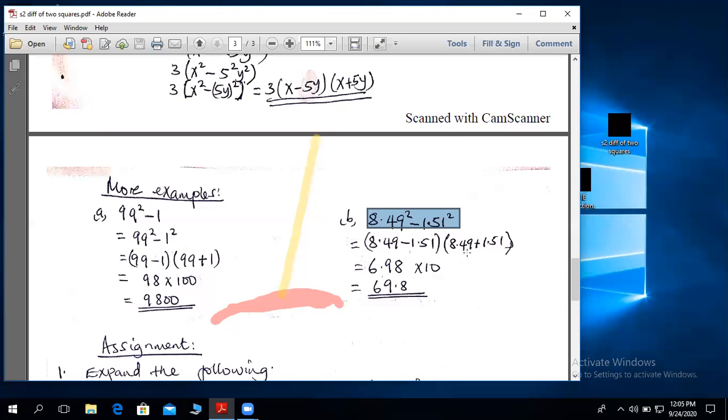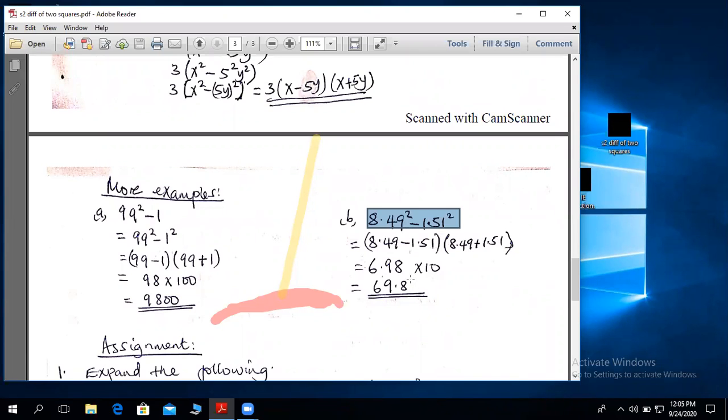So the sum of the numbers is 8.49 plus 1.51, and the difference is 8.49 minus 1.51. This is the difference and this is the sum.